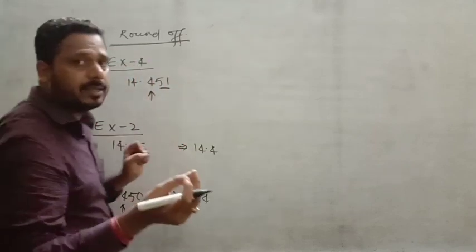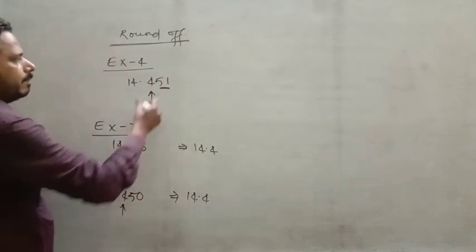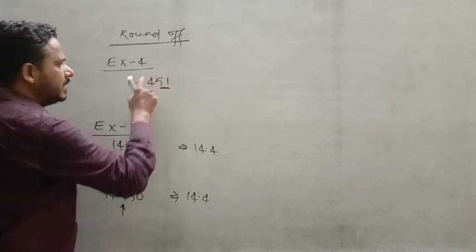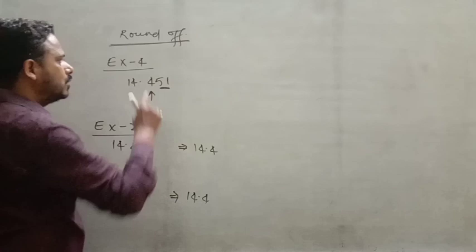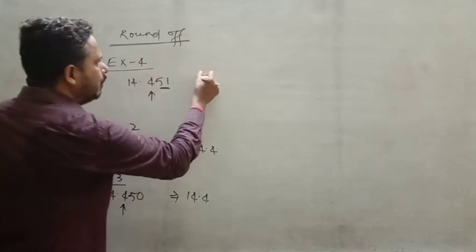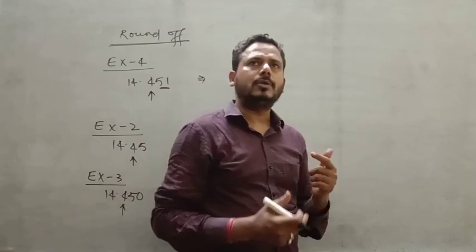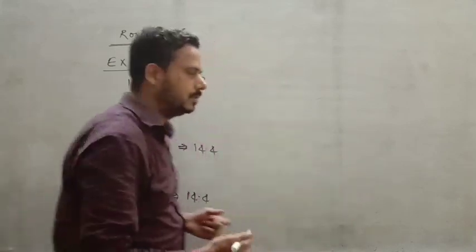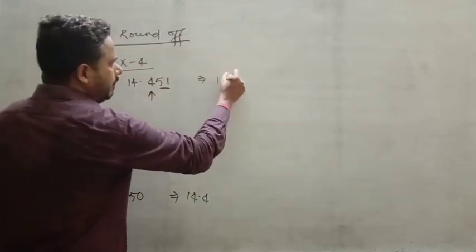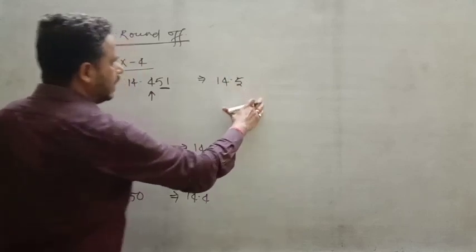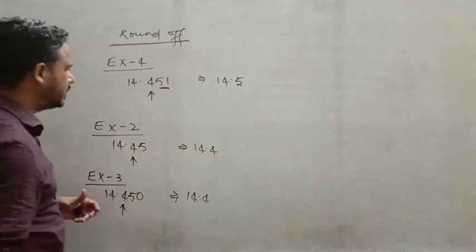Therefore that will be changed and increased by 1. That means your 4 becomes 5. Therefore, after rounding off up to 3 significant figures, that will be 14.5. Okay, after rounding off. Now, next.